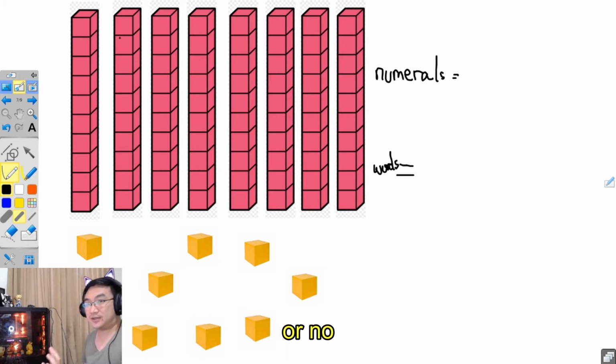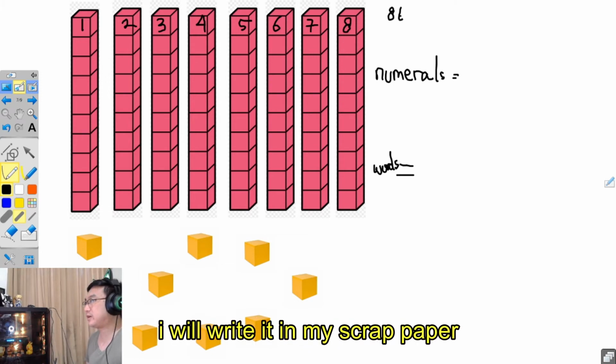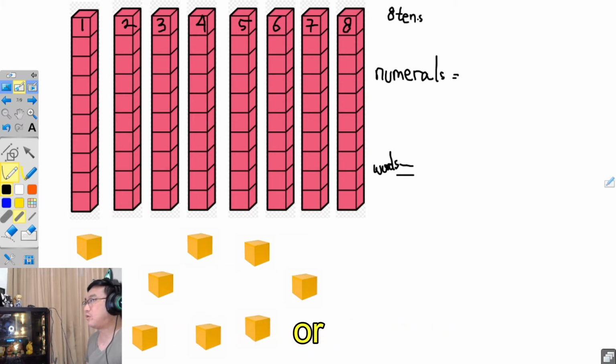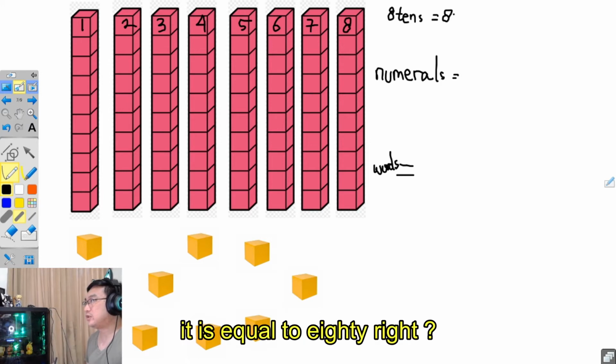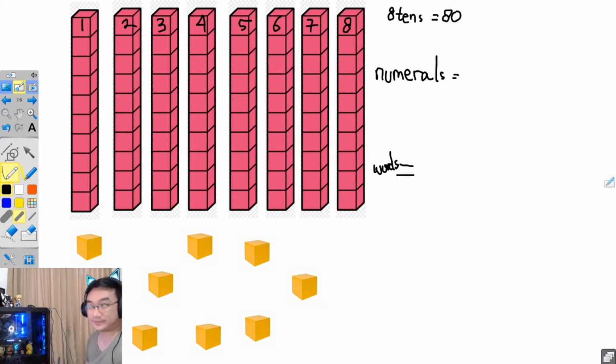Is that correct or no? I got how many tens? I got 1, 2, 3, 4, 5, 6, 7, and 8 tens. Okay, I will write it on my scrap paper as 8 tens, or it is equal to 80, right?